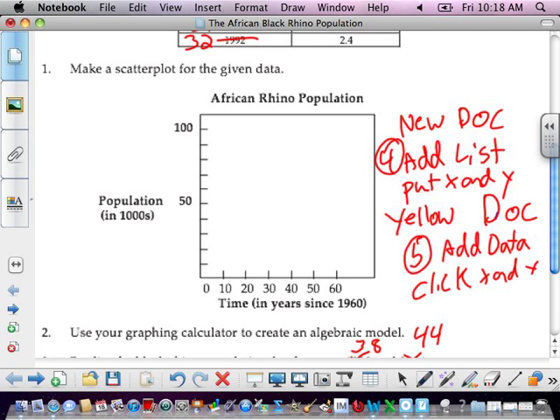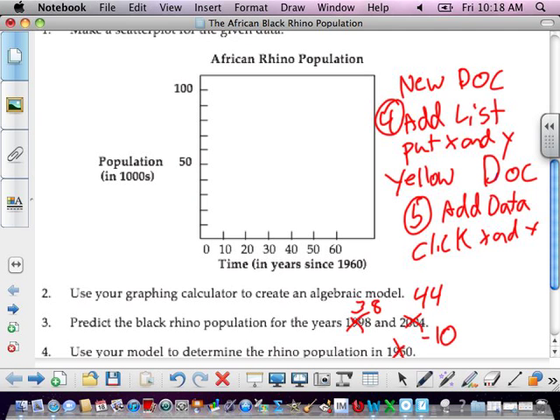Who remembers how to get the regression? Anybody? Yeah, the regression lines that we did yesterday. Menu, 4, 6, and you're going to have to choose. Okay? And we've talked about how you choose. If it's a straight line, you want to choose which regression?